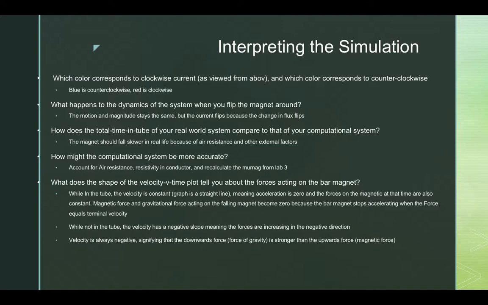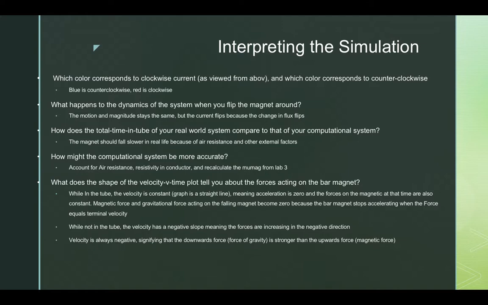And then also the velocity versus time plot shows that while in the tube the velocity is constant because the acceleration is 0 and all the forces on the magnet are constant.